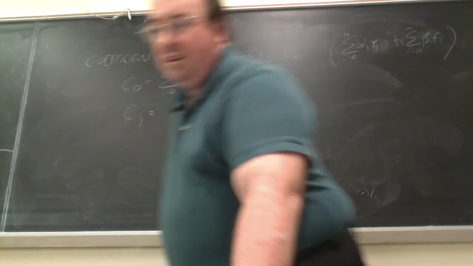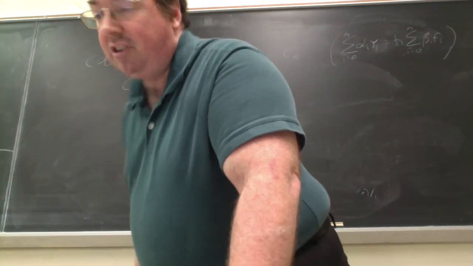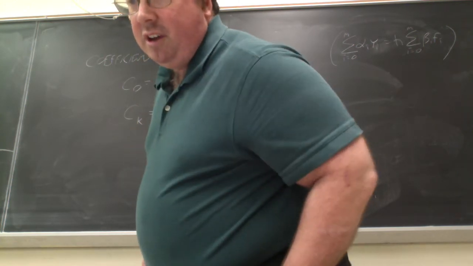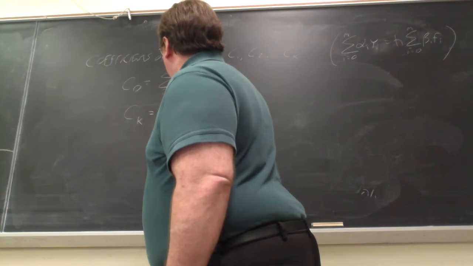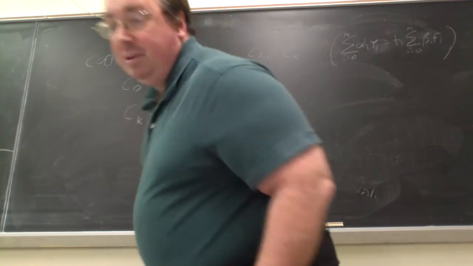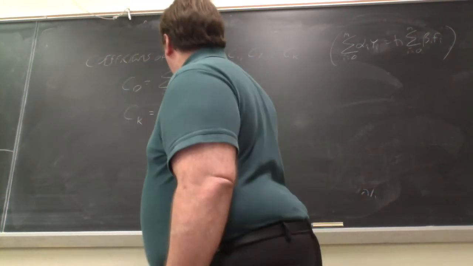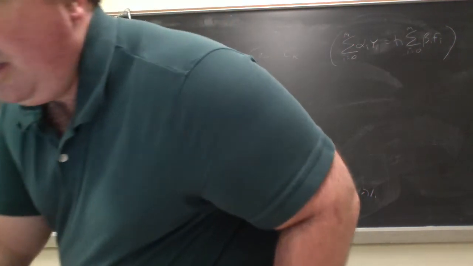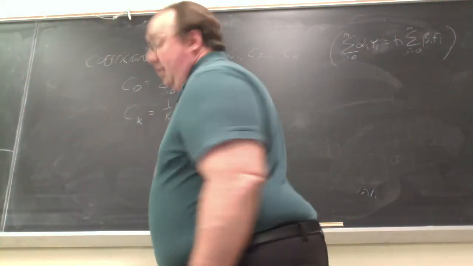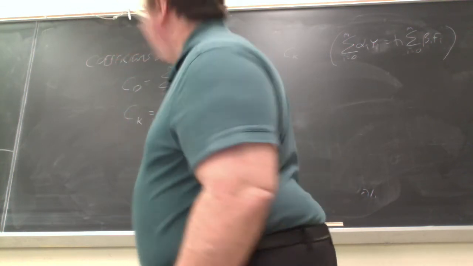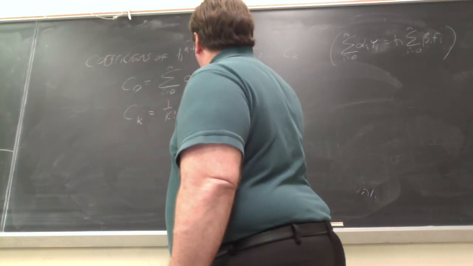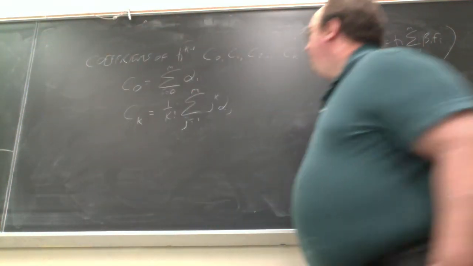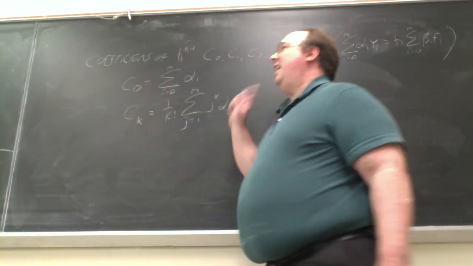The other coefficients from this nasty Taylor expansion, which I call Ck in the book, so I'll stick with that here, are 1 over k factorial times the sum from j equals 1 to m of j to the k alpha j. So for C0, we just have the alphas.